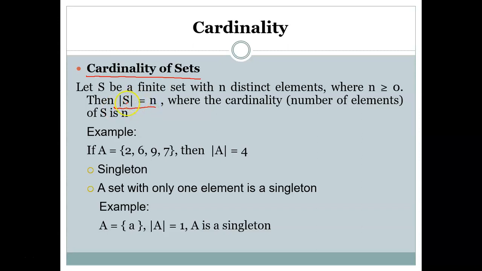It means the number of elements present in a finite set is called the cardinality of that set. For example, here the set A has 4 elements, therefore cardinality of A equal to 4. This is the notation. If you have a singleton set, then definitely the cardinality of a singleton set is equal to 1, right?